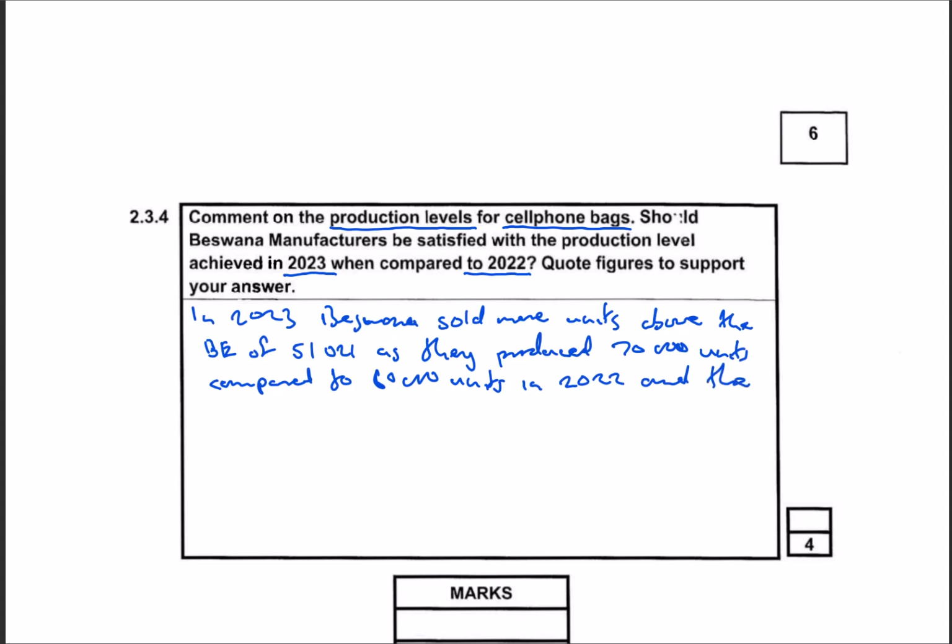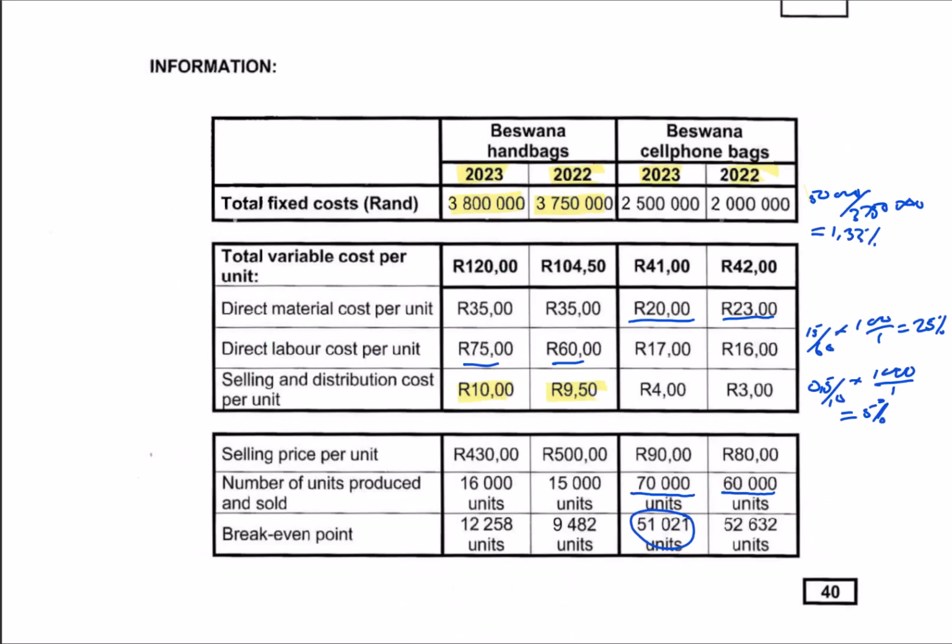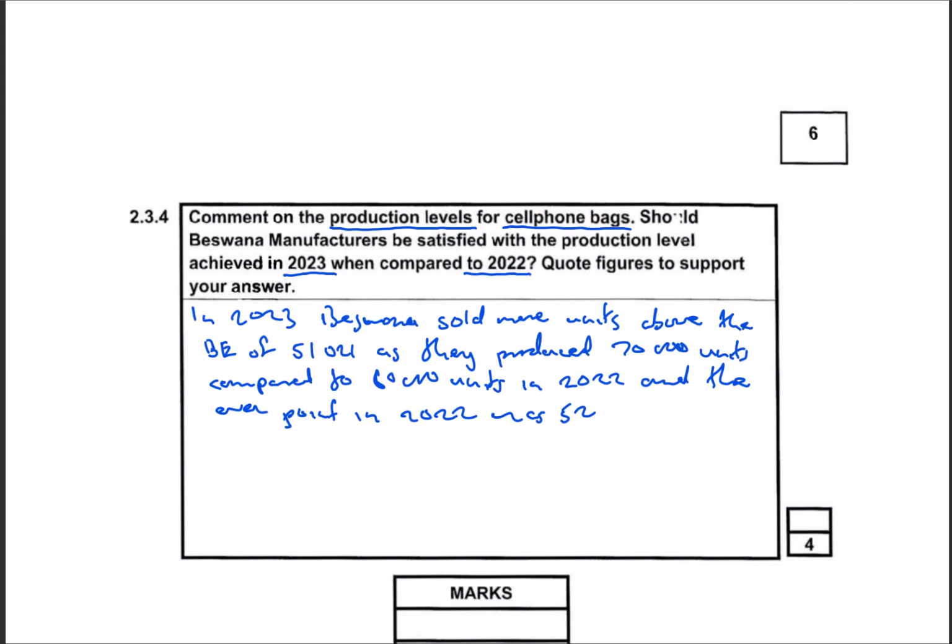And the break-even point in 2022 was 52,632.